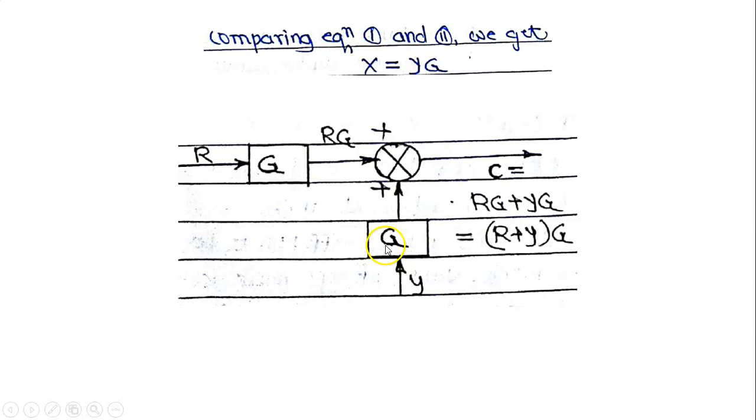Again at the summing point another signal is there, that is signal from block G. Again this Y is there, therefore Y into G, therefore value of this signal is YG. Therefore controlled output C is equal to RG plus YG, that is (R plus Y) into G. Therefore by adding the block having the same value, we have kept the output same.